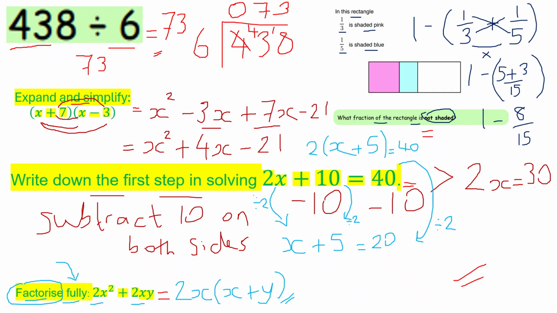Now 1 whole, hopefully we know, is 15/15, because anything divided by itself is 1. We subtract 8/15, and bingo, we get 7/15 as our answer for the unshaded part of the rectangle. So we sum the first two fractions and then we take it away from 1 whole.